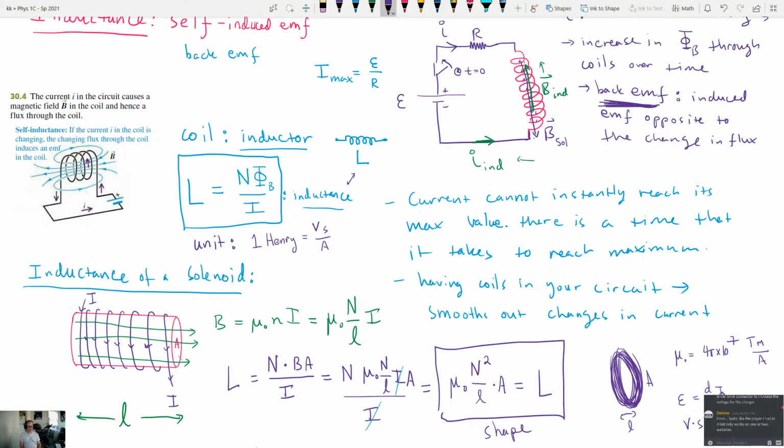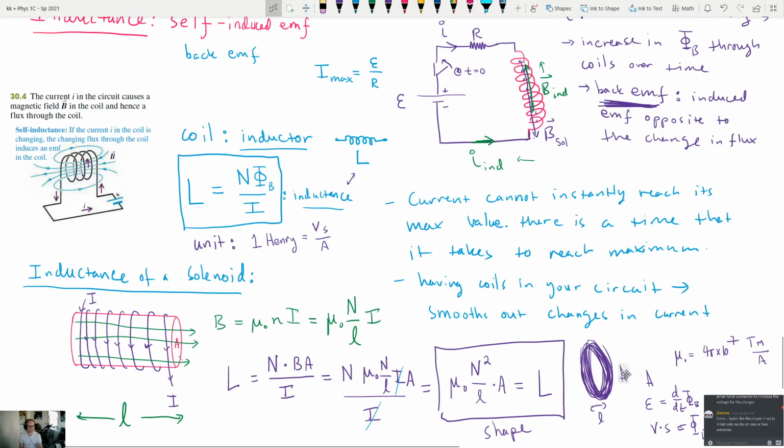So flux has units. You can't see anything I'm writing. Oops. Sorry, let me move some of this stuff over. So from this equation, since dt has units of seconds, if we multiply the seconds over here, we'll have volts from EMF times seconds. That gives us this.